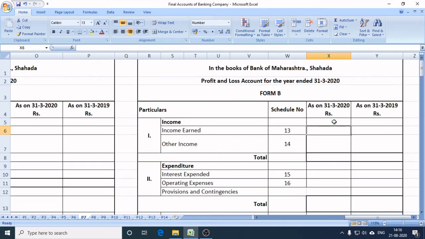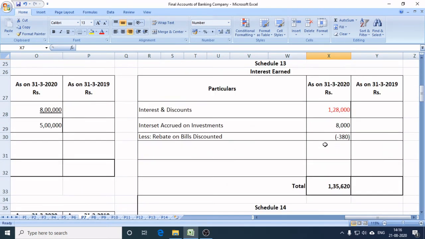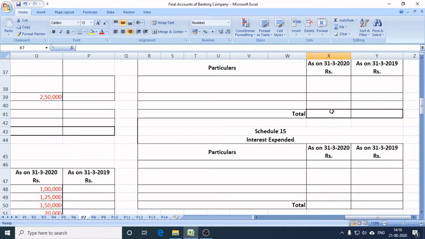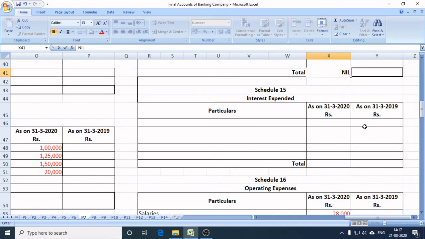So here I'll type 1,35,620. Now schedule number 14. Schedule number 14, okay, it has nil balance, so I'll type here nil. Now schedule number 14 has nil balance, schedule number 15 has also nil balance.